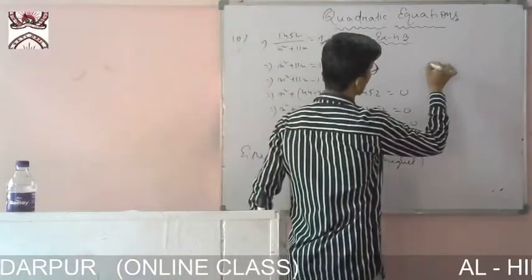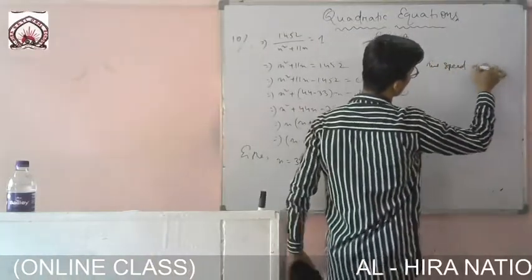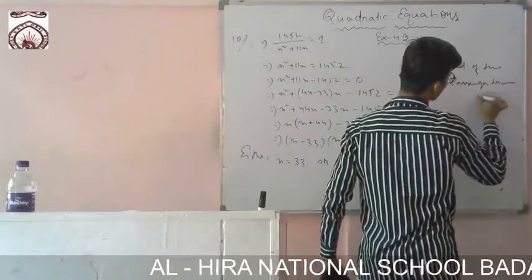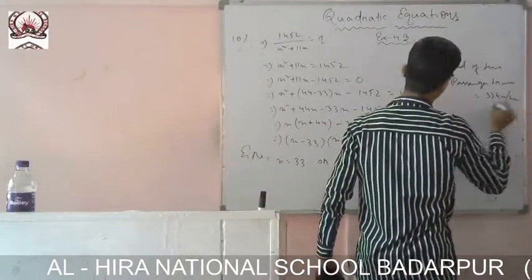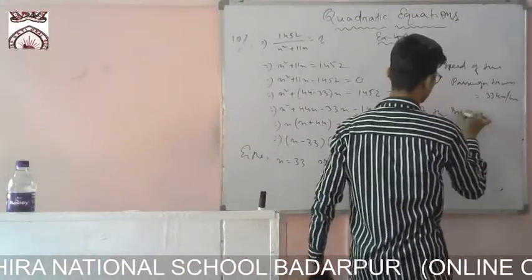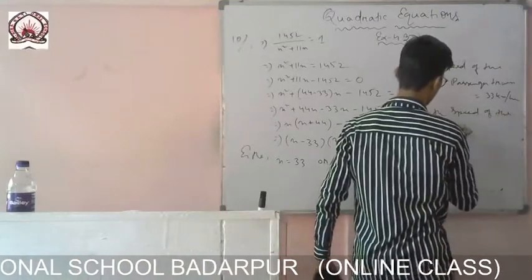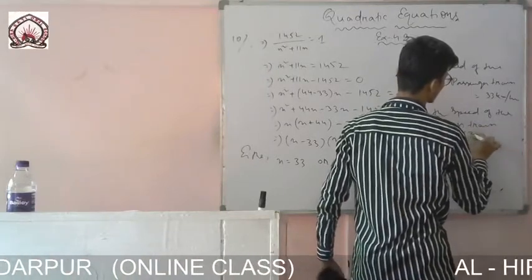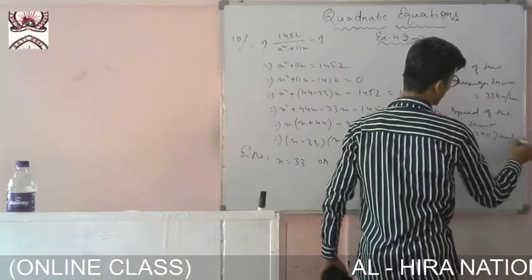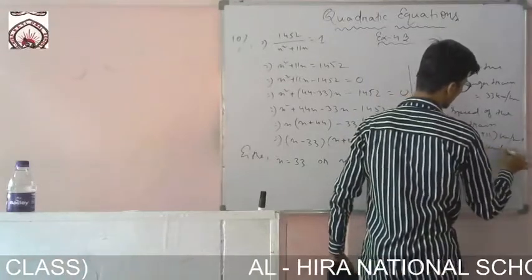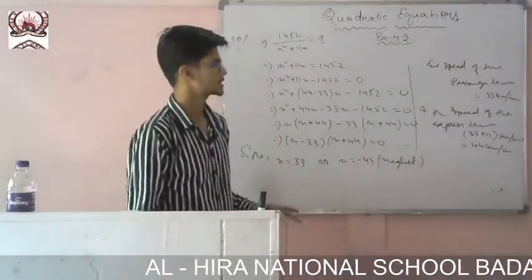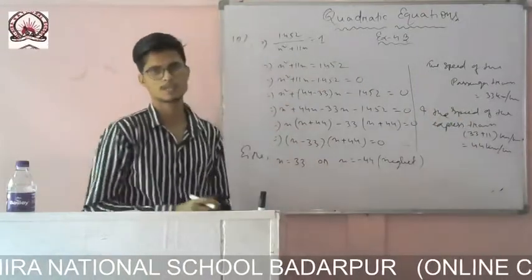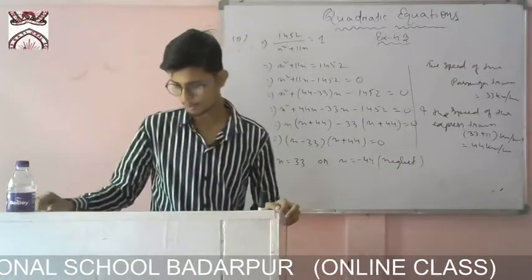So therefore the speed of the passenger train is 33 kilometer per hour, and the speed of the express train will be 11 kilometer more, so 33 plus 11, which equals 44 kilometer per hour.